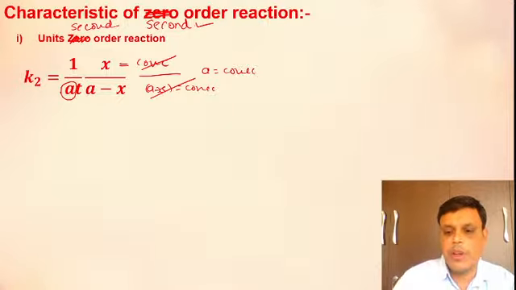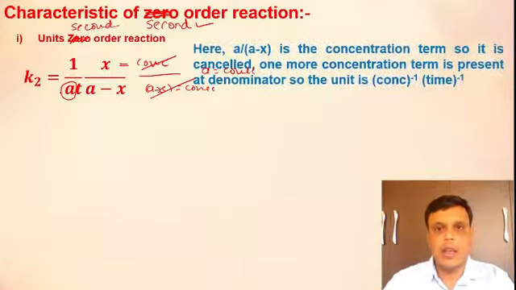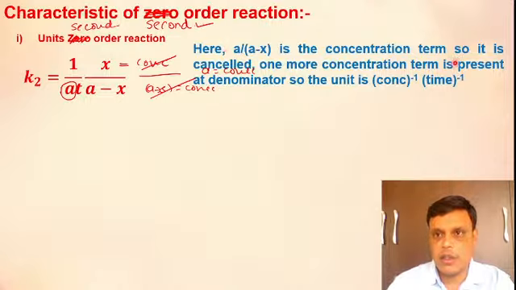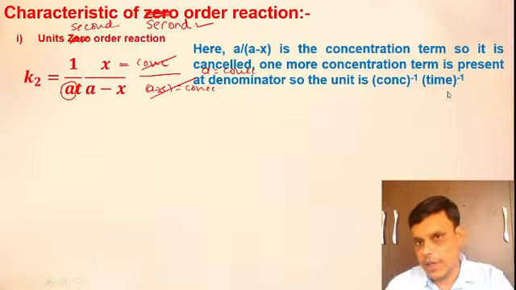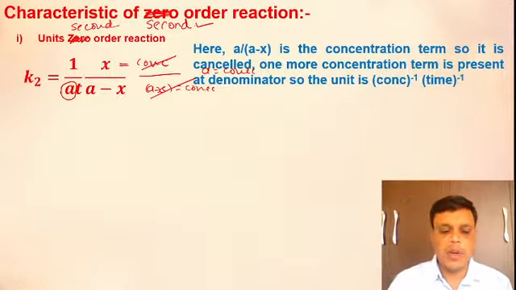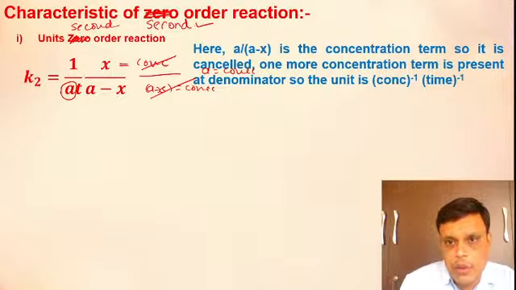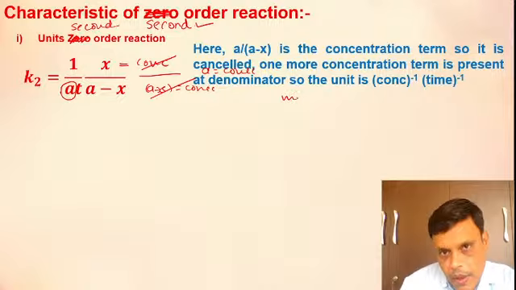So what will be the unit? See here a minus x is a concentration term, so it gets cancelled, and one more concentration term is present in the denominator, this a. So the unit is nothing but per concentration per time, and you know that concentrations are generally expressed in mole per liter divided by time.